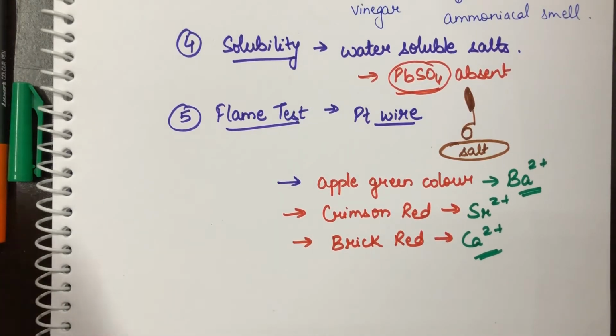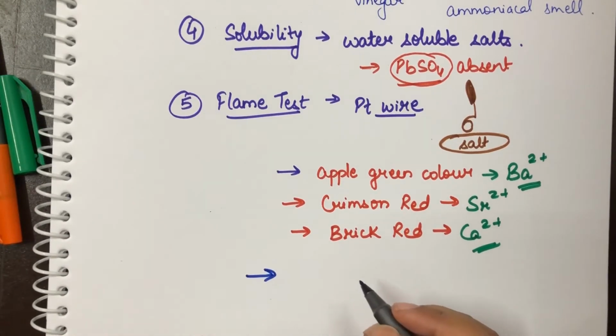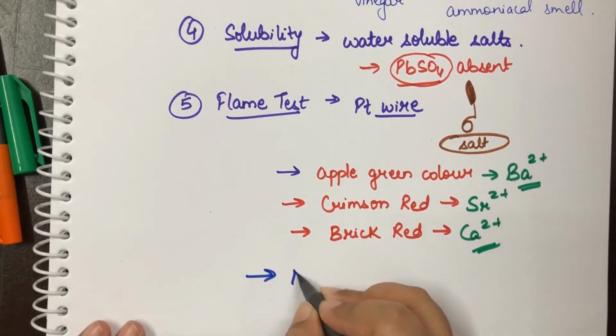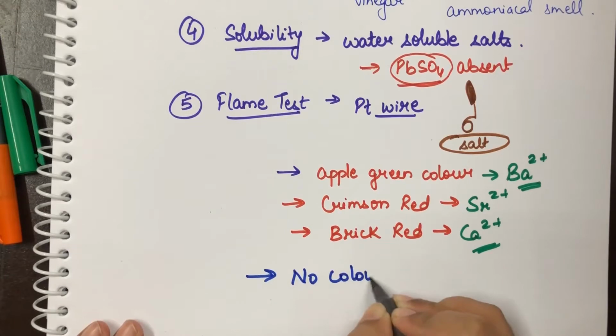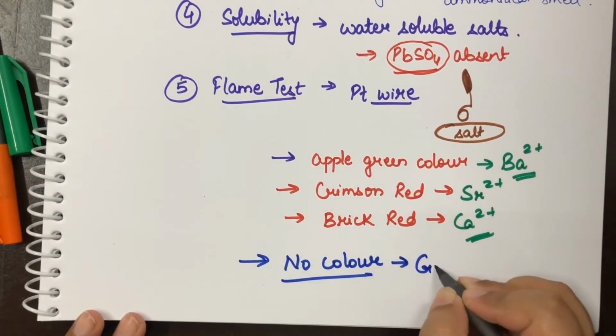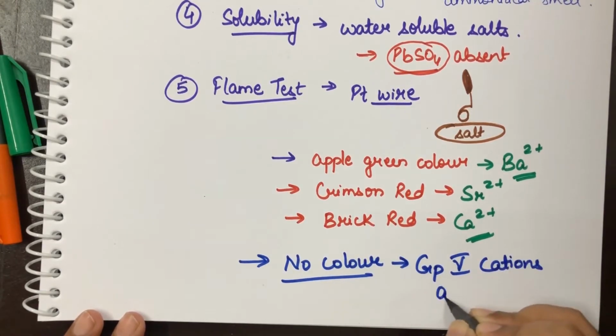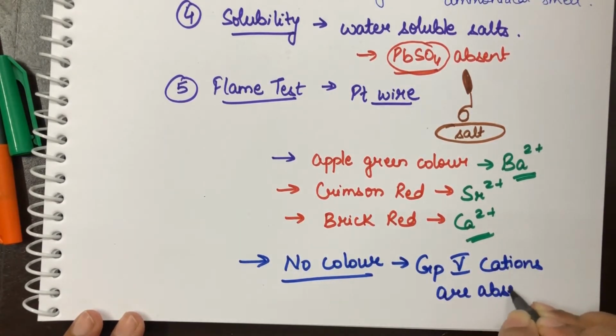But what I am trying to tell you here is, just in case you do not see any color, there is no color, then you have to be sure of one thing, that group 5 cations are absent. Now what are group 5 cations?